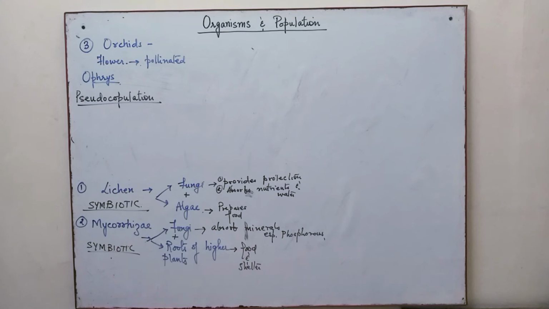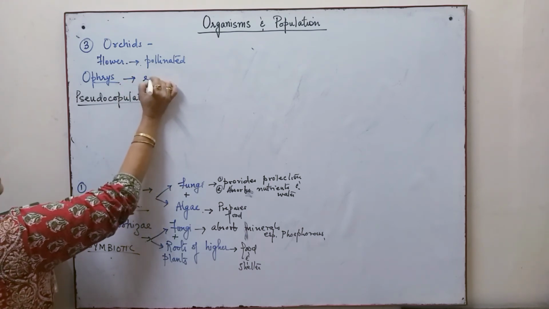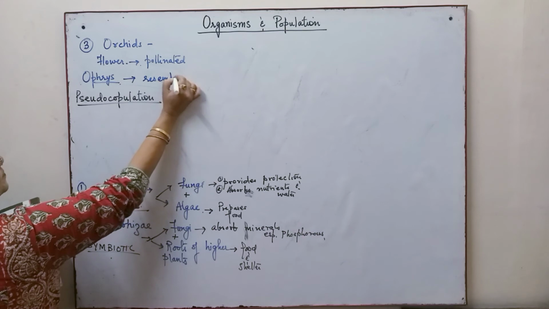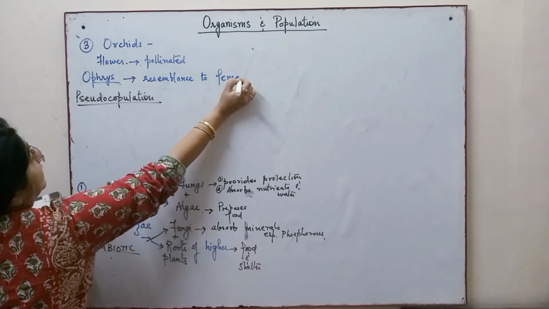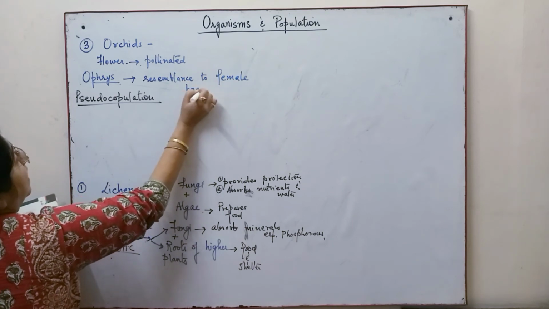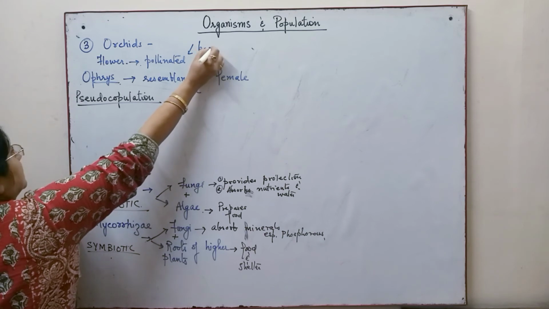Now, orchis has a flower, and that flower actually has a very close resemblance to the female bee. So this orchis plant has a resemblance to the female bee. And for pollination, they need the bees. Right?